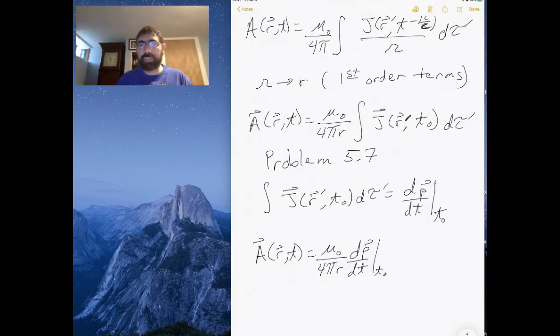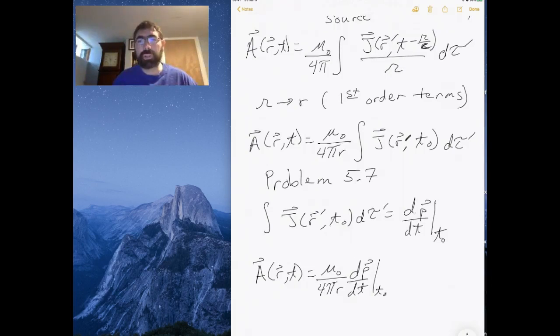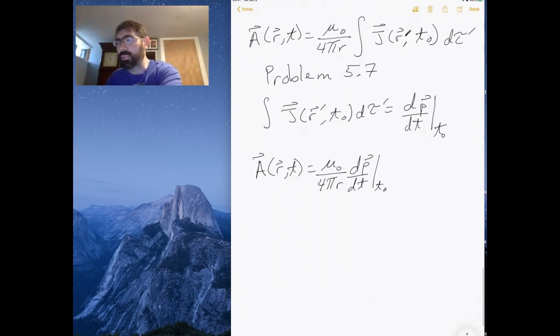We're going to leave it like that. We're not going to invoke the approximation of the static case just yet. We're going to see where it leads before we apply any approximations. So now we're going to try and find the electric and magnetic fields. To do that, we are going to make one approximation.